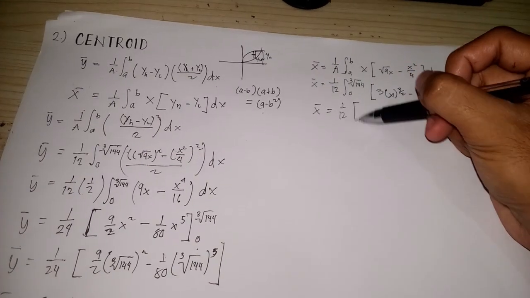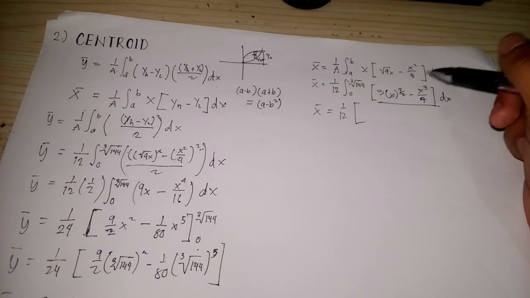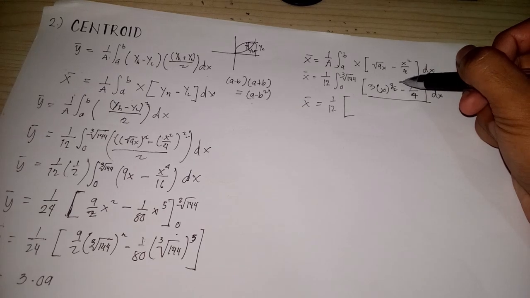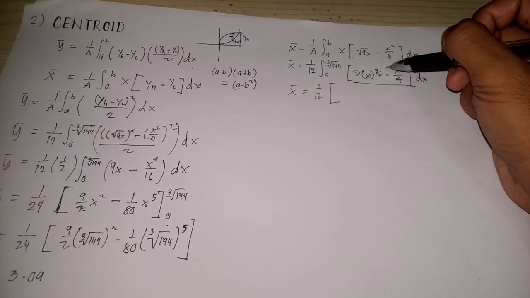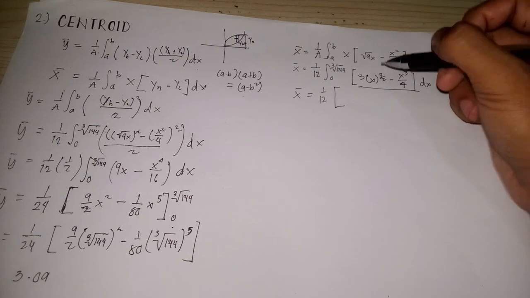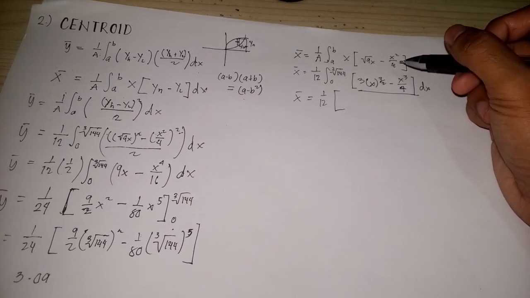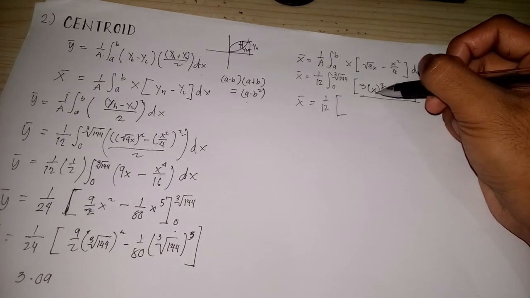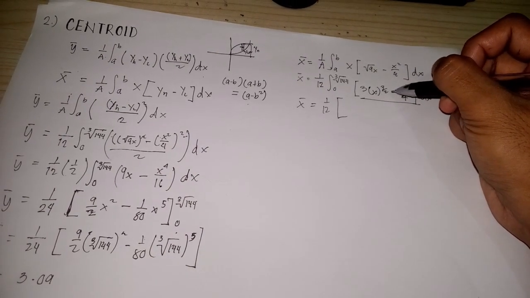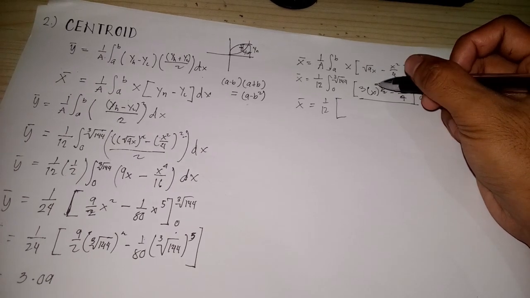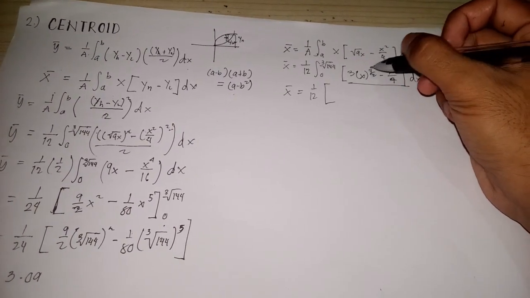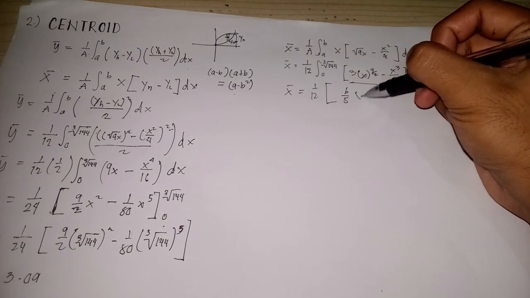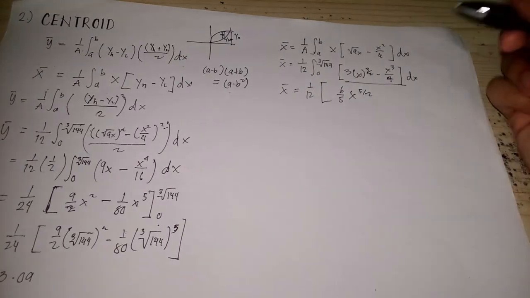So now let's integrate this here. This will become 3 over 2 plus 1, that will become 5 over 2, right? So 5 over 2, then 2 will move up to the numerator, so this will become 6/5 x raised to 5 over 2, right?